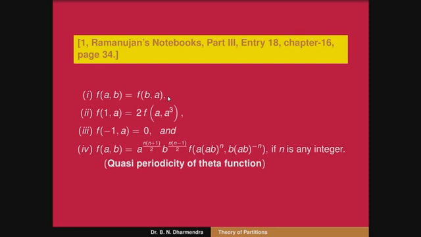So the first three results you can show by both the infinite series and the infinite product, but the last one we can take in terms of the infinite series. We can concentrate on the first result here. Now we show the symmetry, that is the result f(a,b) equal to f(b,a).